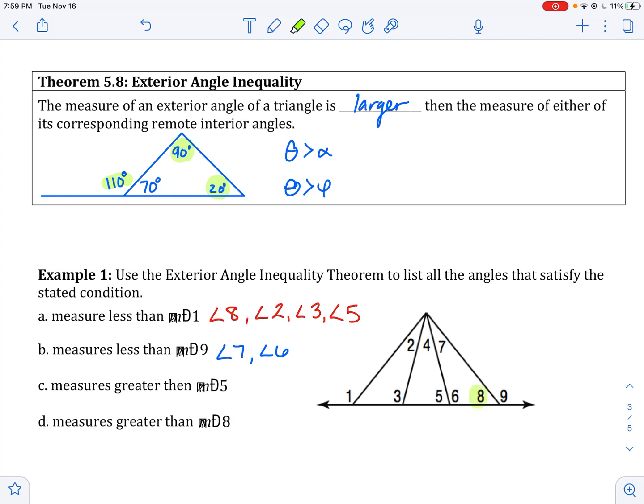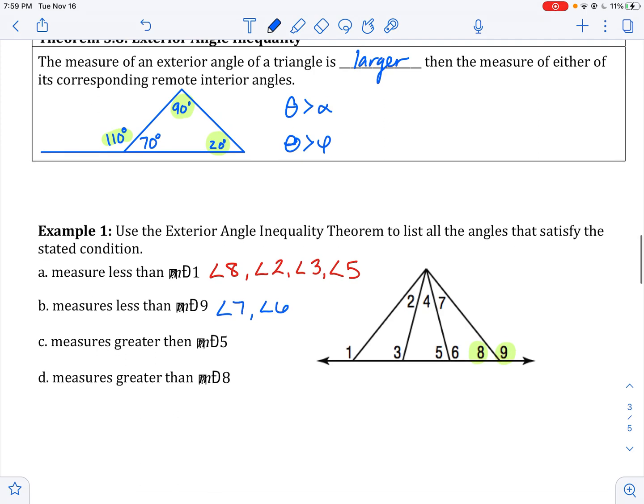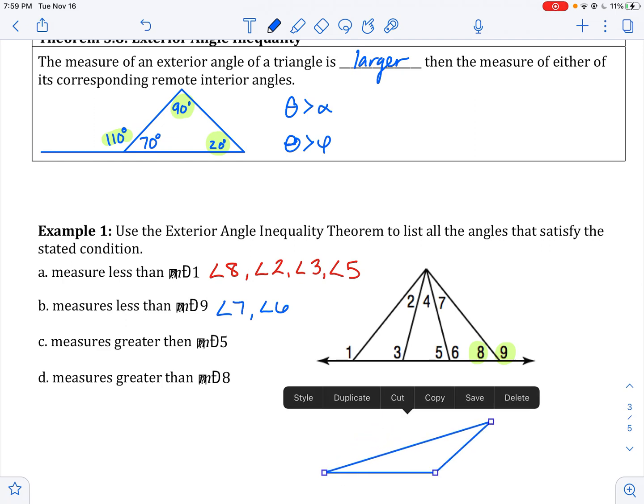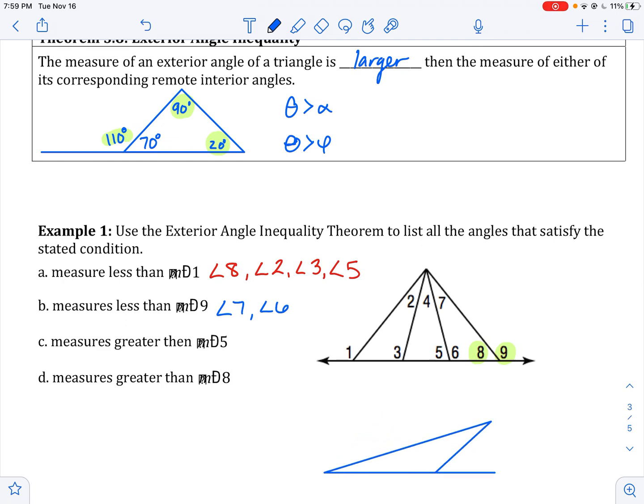Because it is possible for a linear pair, I could have an exterior angle like this one, where my exterior angle theta is smaller than alpha. So that's possible. So I can't quite say that 8 is smaller than 9, even though it definitely looks smaller. I'm not going to make that claim.